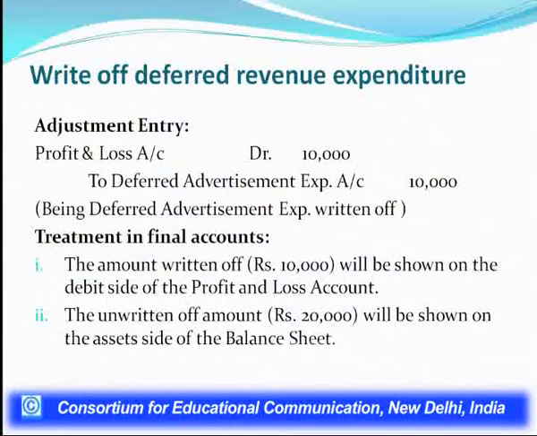In profit and loss account, 10,000 will be shown on the debit side as deferred advertisement expenditure written off, and the unwritten off amount, that is 20,000, will be shown on the asset side of the balance sheet. It is normally under the heading miscellaneous expenditure or fictitious asset, so 20,000, that is 30,000 minus 10,000, will be shown on the balance sheet side.